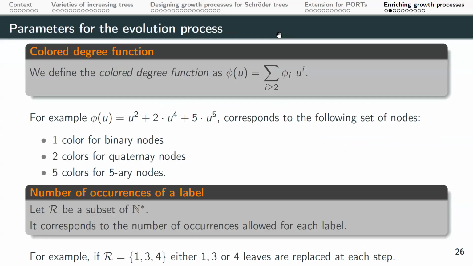Yes? This one? These are the colors for internal nodes, and these are the labels that I will put in my internal nodes. So this is distinct. Because for the moment, I don't want to have unary nodes in internal nodes.